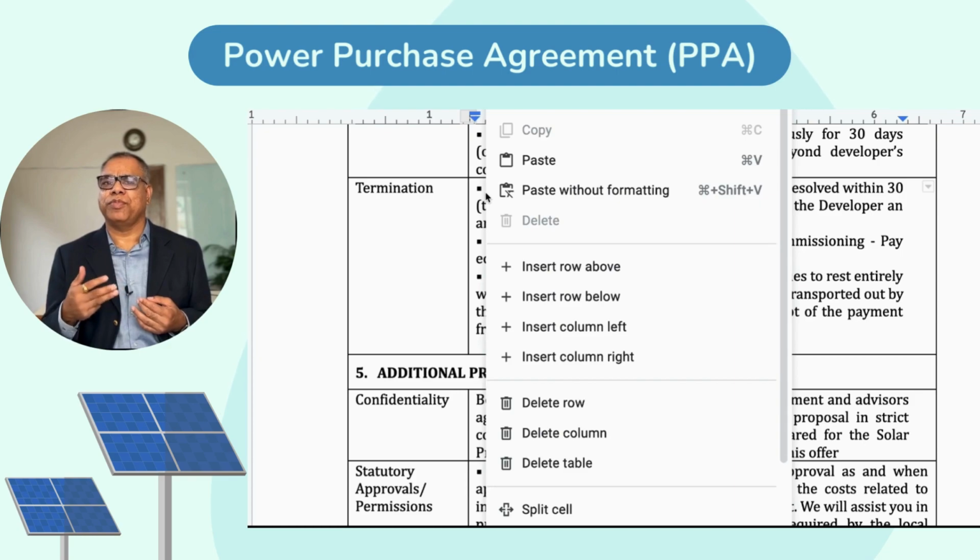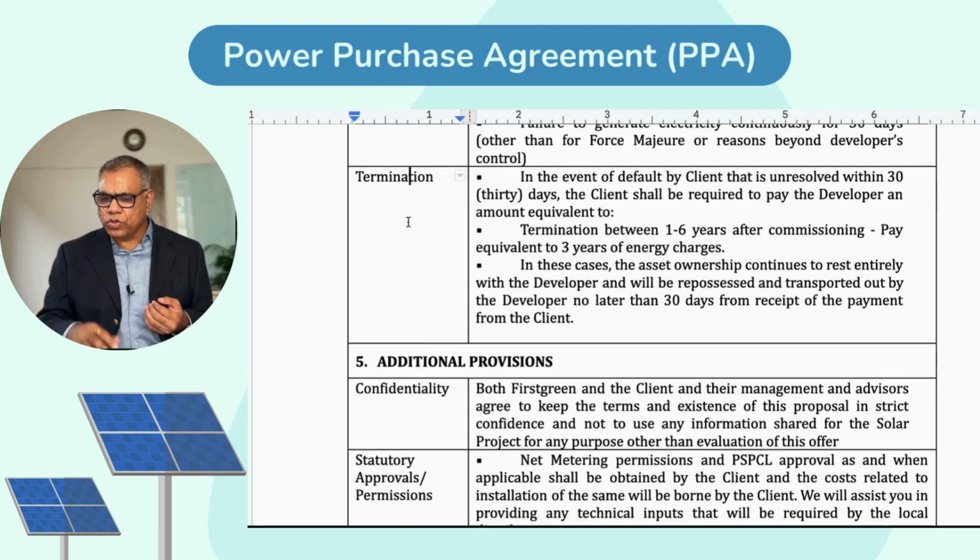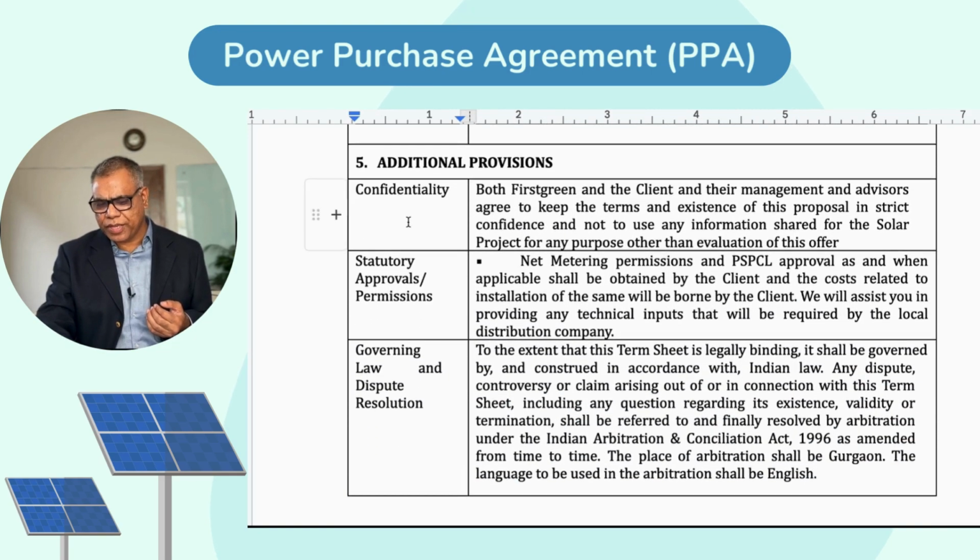So if you have a PPA of 15 years, after completion of 15 years, the PPA will be automatically terminated. If you want to buy back the assets and terminate the PPA after 10 years, it is possible. There is a table defined at the end of the PPA, which defines how the PPA termination clause will define the asset values. So the PPA termination plays a very important role.